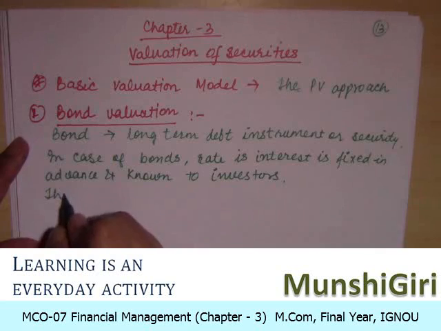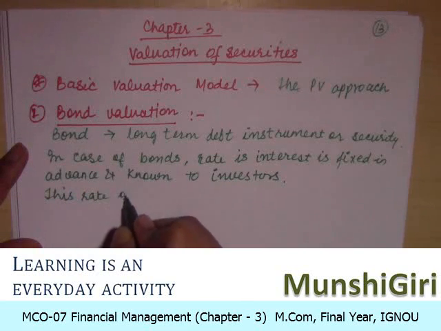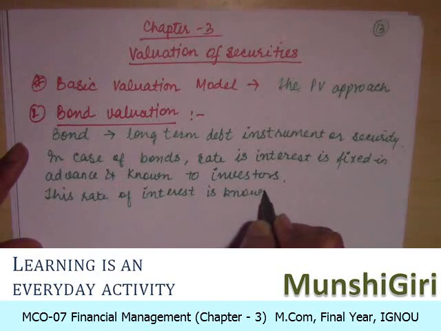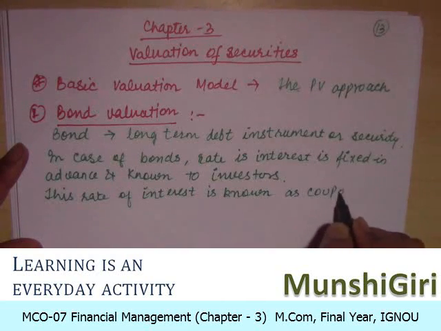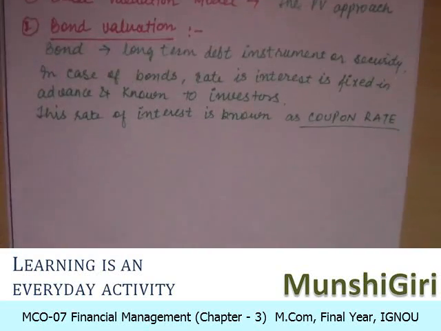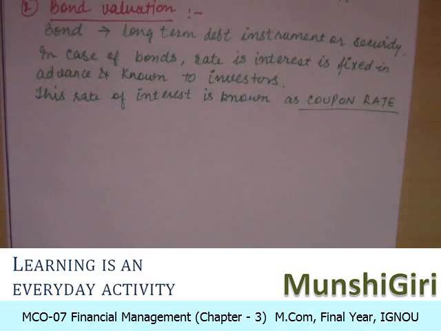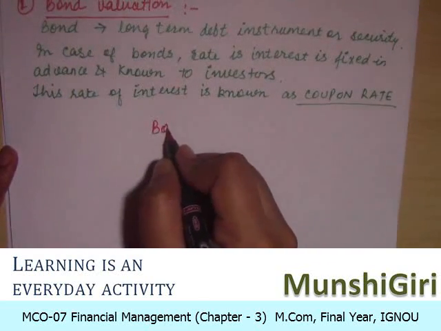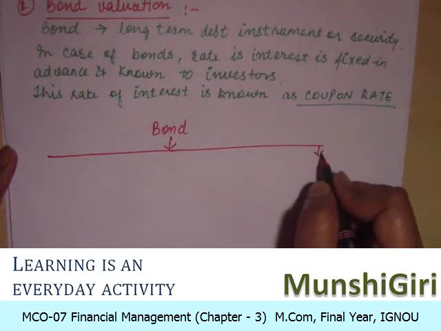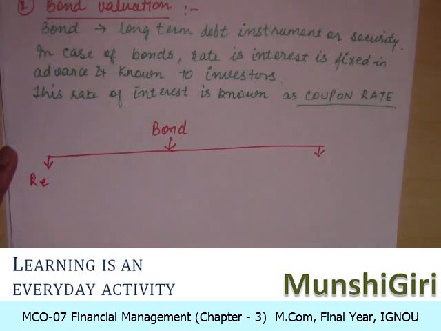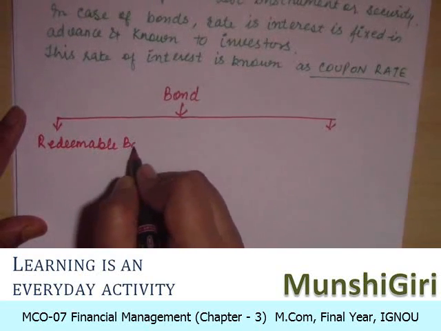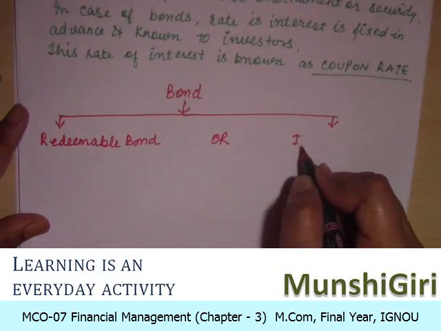This rate of interest is known as coupon rate. A bond can be a redeemable bond and an irredeemable bond. Bond can be of two types: redeemable bond or irredeemable bond.